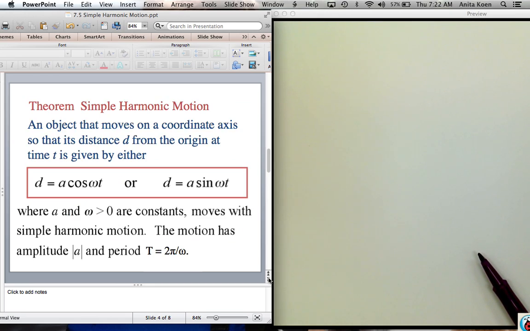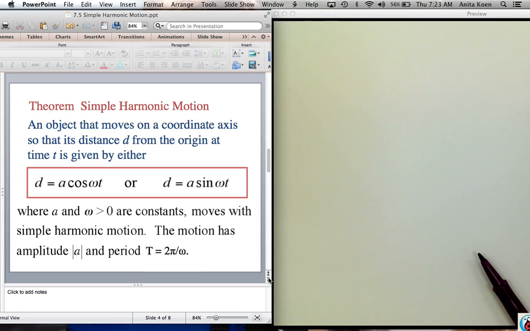The theorem for simple harmonic motion says that if I have an object that moves on a coordinate axis so that its distance d from the origin at time t is given by either of these formulas, the distance is equal to a times the cosine of omega t, where d is distance and t is time, or d is equal to a sine omega t.